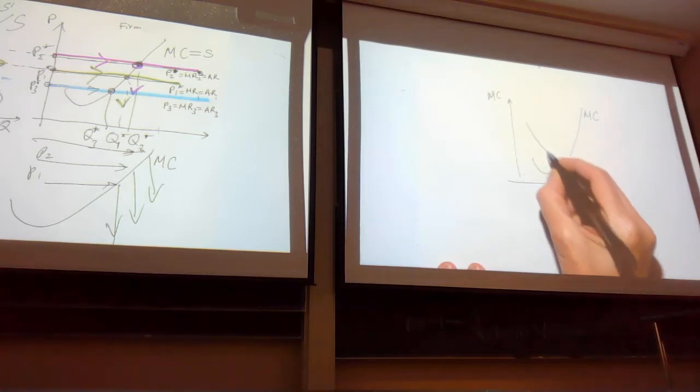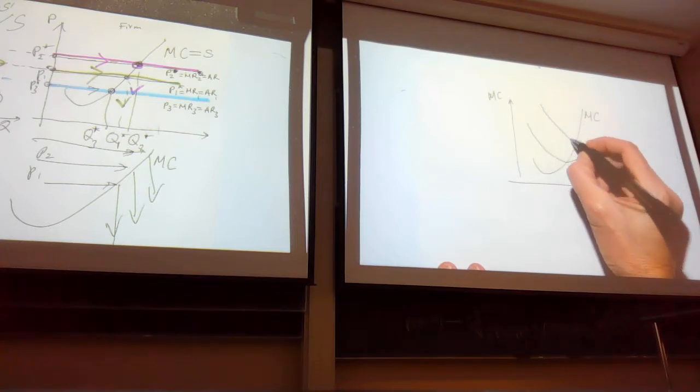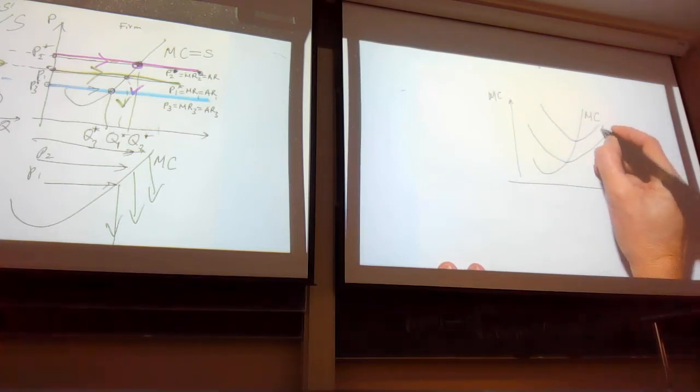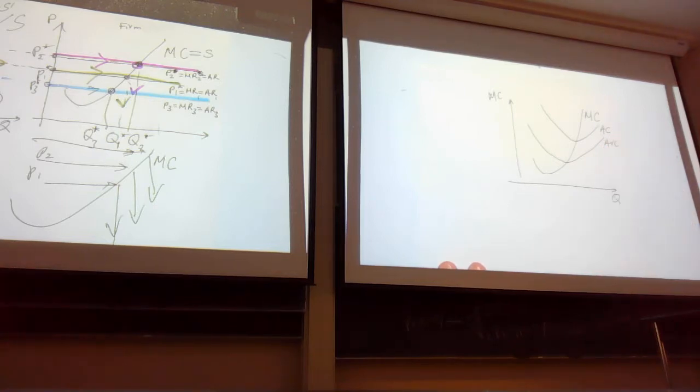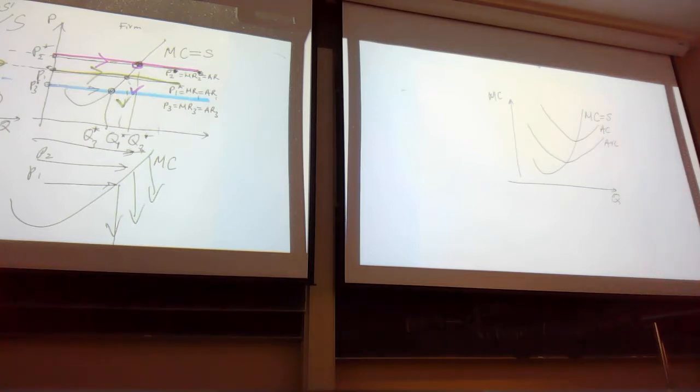We also know that it's being intersected by an average variable cost and an average cost curve. And yes, marginal cost acts like a supply curve. And my question again is, all of my marginal cost curve a supply curve? Or are some parts of it for which I would not be supplying given the price, right?